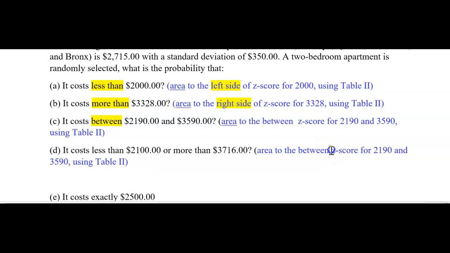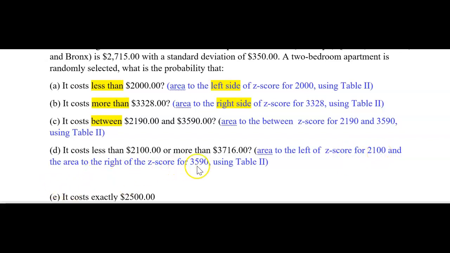So you want the area to the left of the z-score for 2100 and the area to the right of the z-score for 3590, using table 2. I apologize for the glitch.